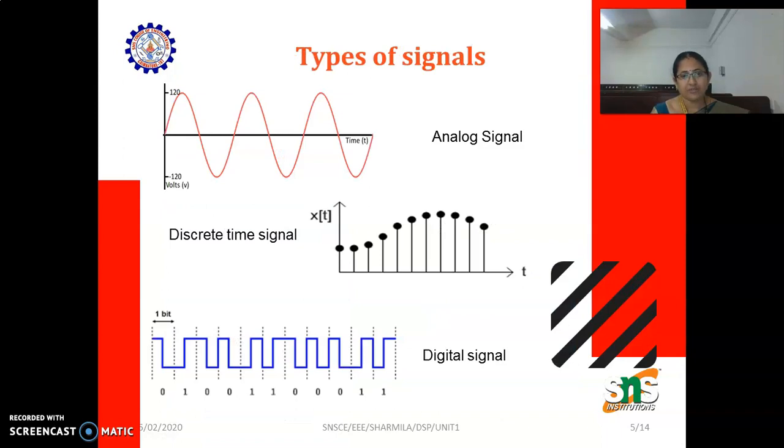And now we have the types of signals. These are classified into three types: the analog signal, the discrete time signal, and the digital signal. So an analog signal is a continuous time signal.